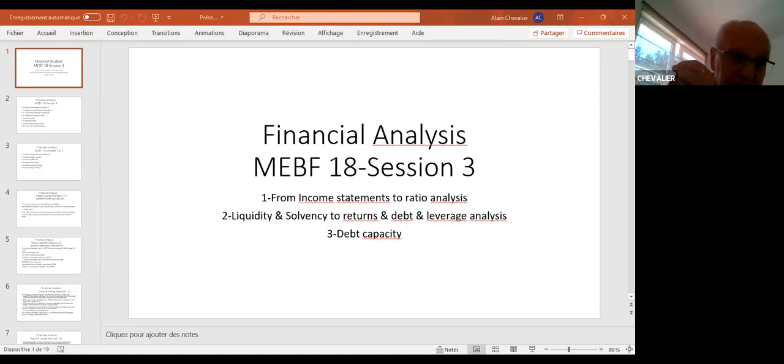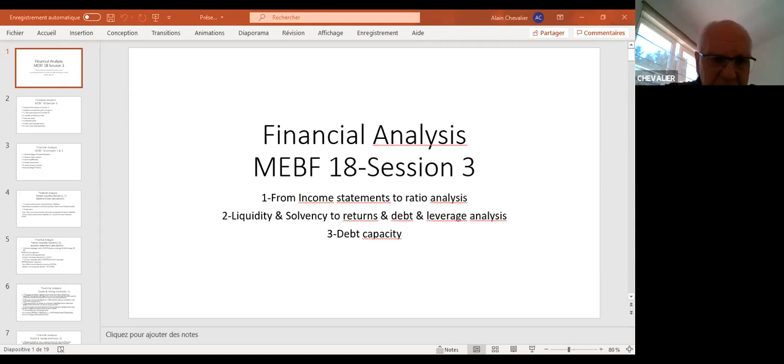We had first presentation of financial analysis in general and financial analysis methodology. Then we moved to the balance sheet, and we explained why and how we use a kind of standard format of the balance sheet. We went through the main equilibriums with a presentation of the equilibriums and an exercise.